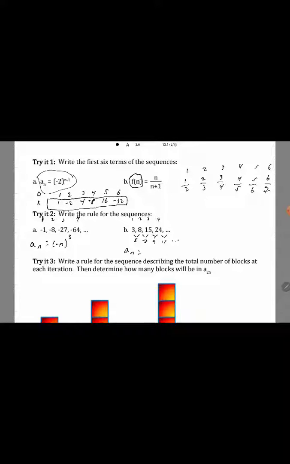Once we know we have to add 2, right? So we start out with n and we add 2, and that's how we get 3 for our first one. But if I plug 2 in this equation, I get 4. So I need to multiply this by something, which in this case is n, in order to make it work.